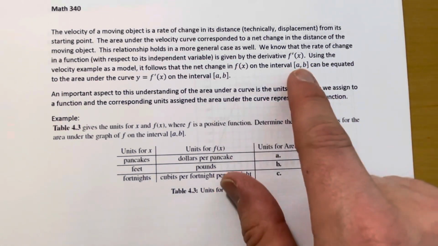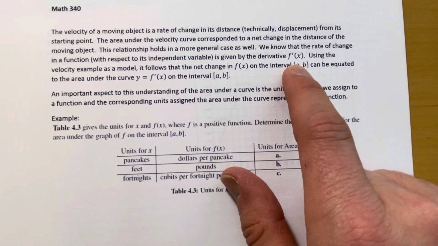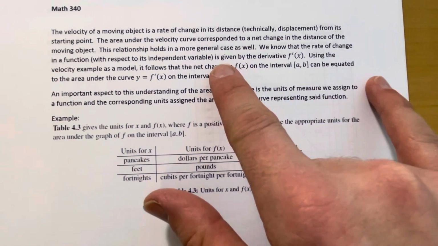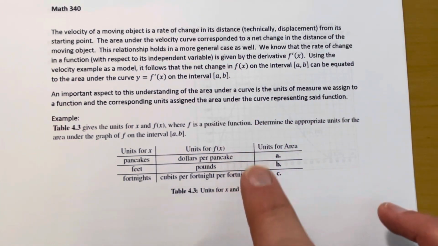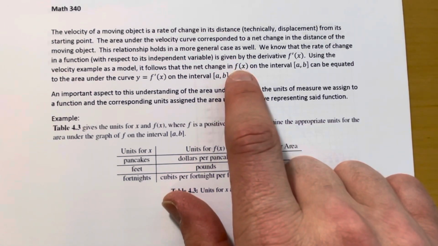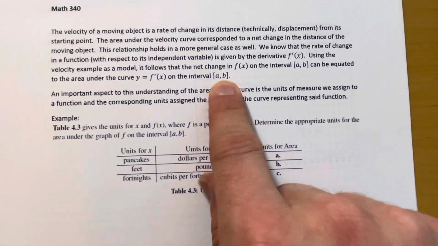So if you have a function f of x, you take its derivative, f prime of x, that's its own function, so it has its own graph, but then you find the area beneath that curve over some interval. What that's telling you is the net change in the original function over that interval. How much did that function increase or decrease by over that interval?